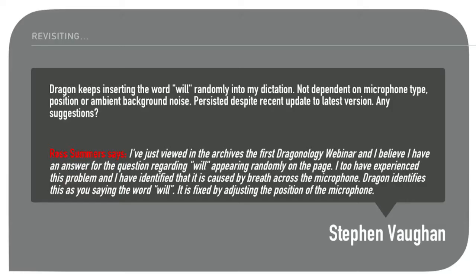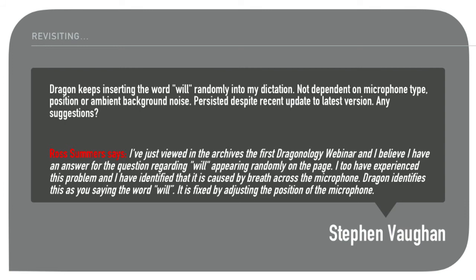Let me see if I can get through some of these questions fairly quickly. Just revisiting one from Stephen Vaughan, who asked in the last question about the word "will" randomly appearing. And this reminded Ross Summers that he had the same problem, and he thought it was caused by breath across the microphone, and that rings a bell with me as well.